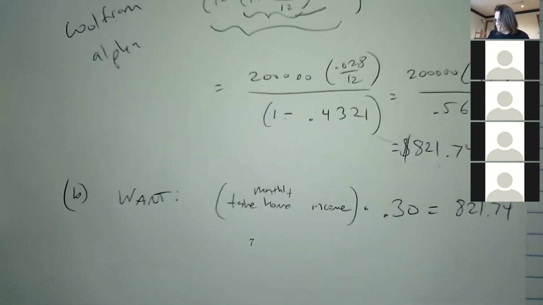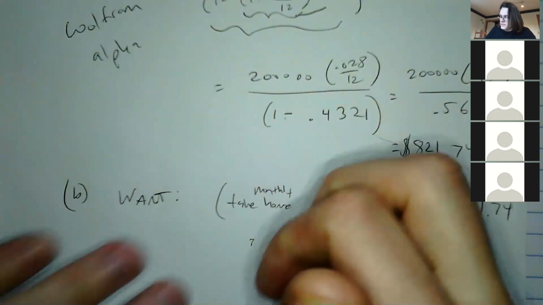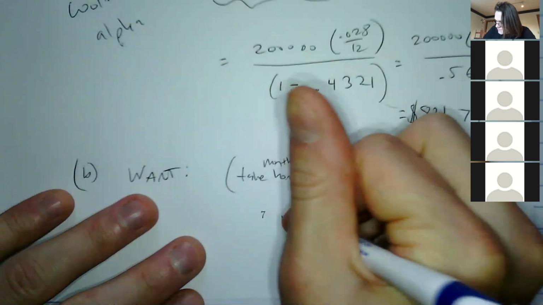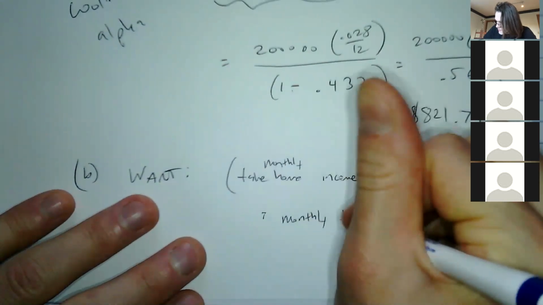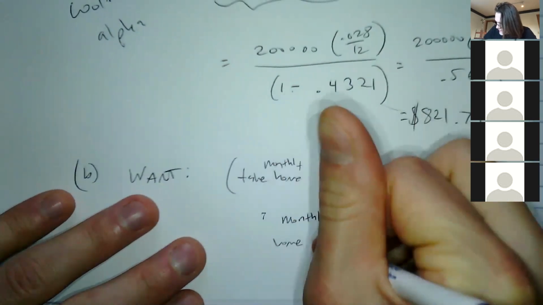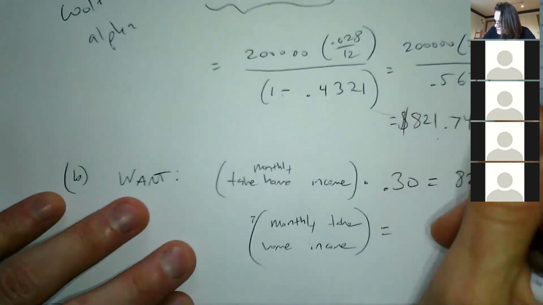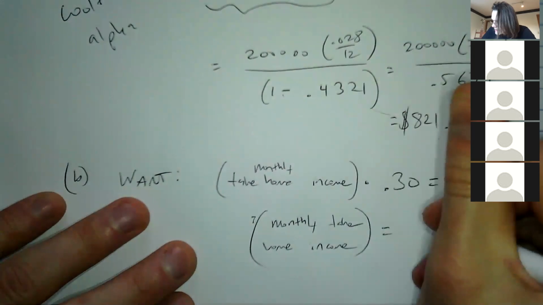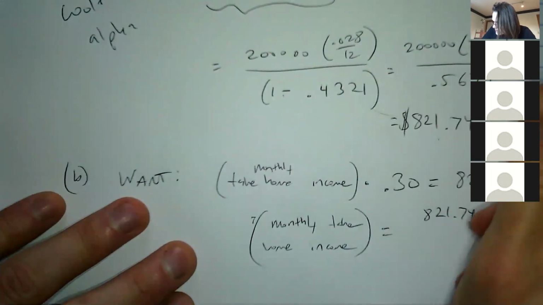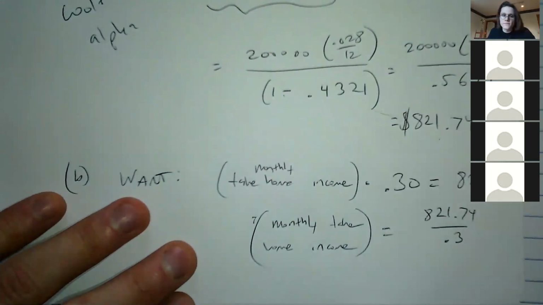That's the situation. And so now to solve for my take-home monthly income, I just divide both sides by 0.30. So my take-home monthly income can be at most, or I guess at least, 821.74 over 0.3.